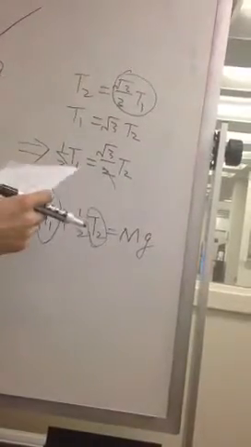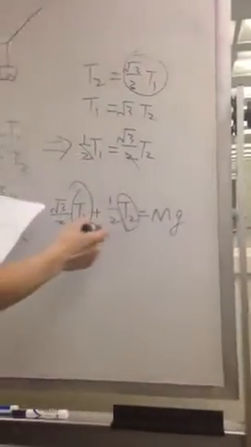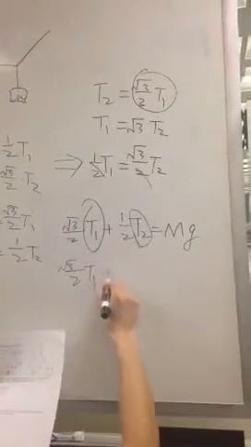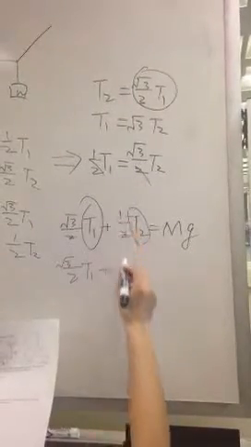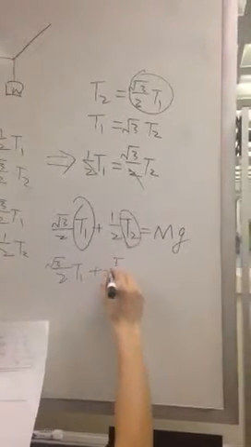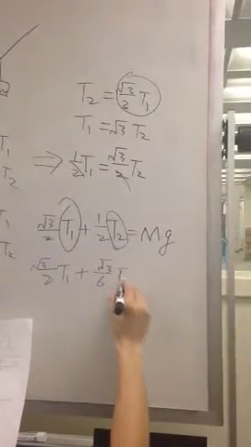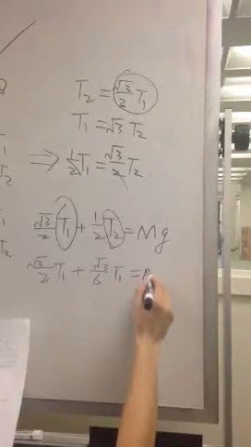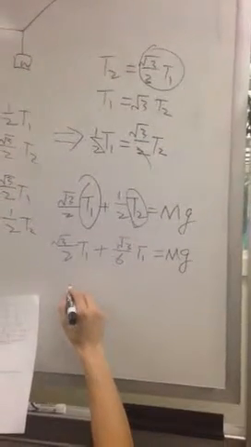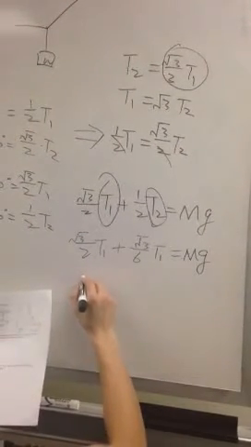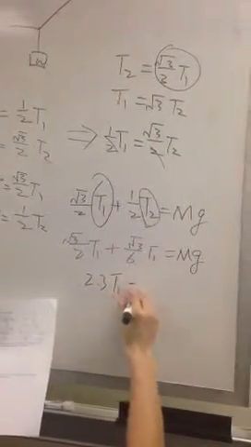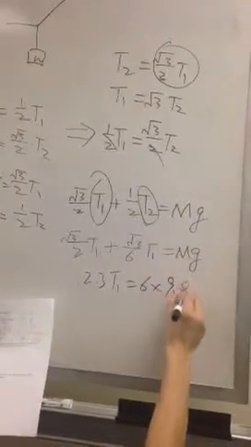T1. So you put everything here. It will be... and then if you calculate, it's going to be 2.3 T1 equal to 6 times 9.8.